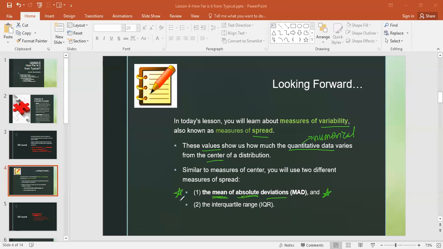And then we're also going to look at something called the interquartile range, the IQR. But right now we're really focusing on the mean of absolute deviations. That's our focus today. I'll give you another minute to make sure you have all of this down. And always remember, guys, if you don't catch something, you can always have your PowerPoint open while we are doing our notes here.